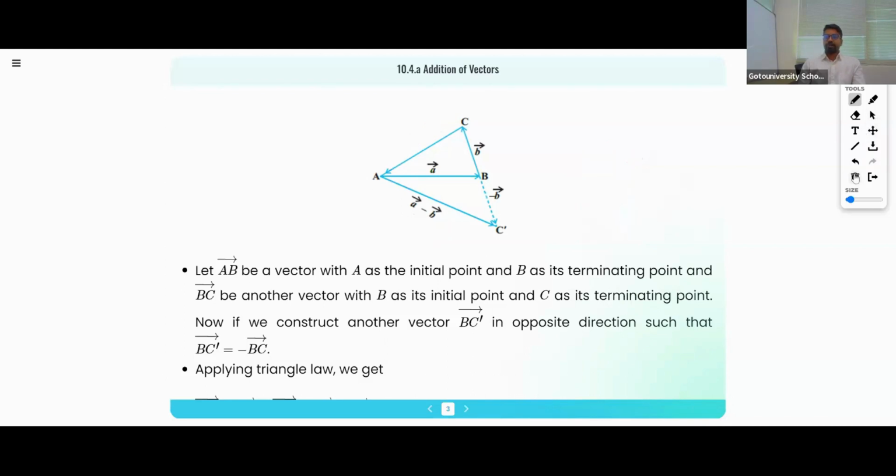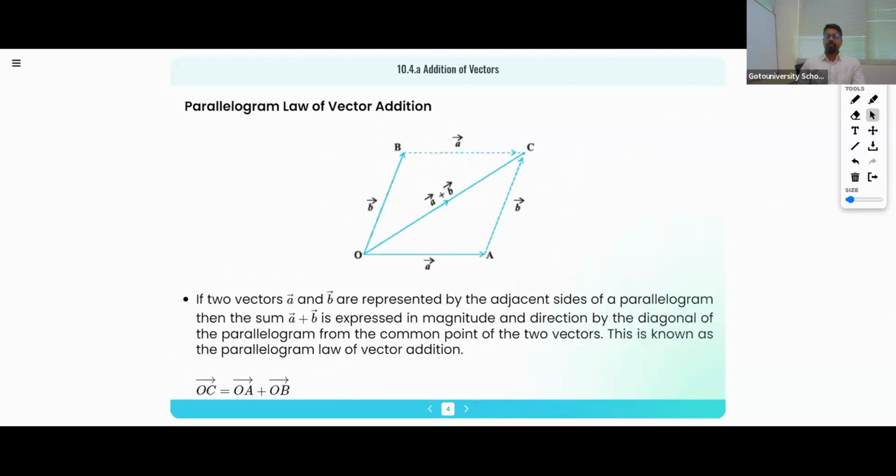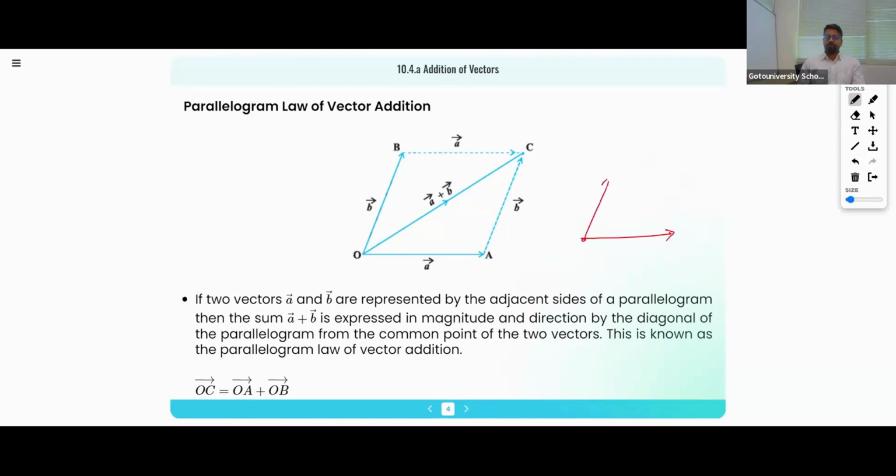So there is another way to add the vectors, that is the parallelogram law of addition. Let me discuss that as well. What is the parallelogram law of addition? If you take two vectors as sides placed in such a way that they are adjacent sides of a parallelogram, not parallel sides, adjacent sides of a parallelogram.